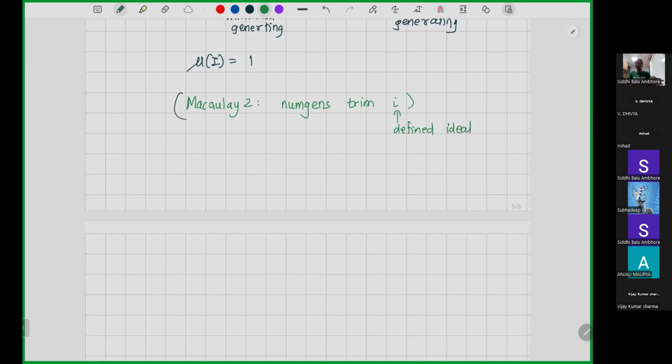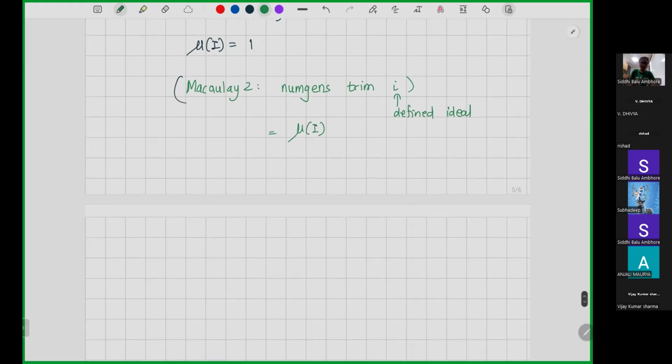This you can do, and this will give you mu of I. Or when you find min gens of some ideal I, Macaulay 2 gives it to you in the form of a matrix, a 1 cross n matrix, and this n is also our mu I. So there are multiple ways to look at it.